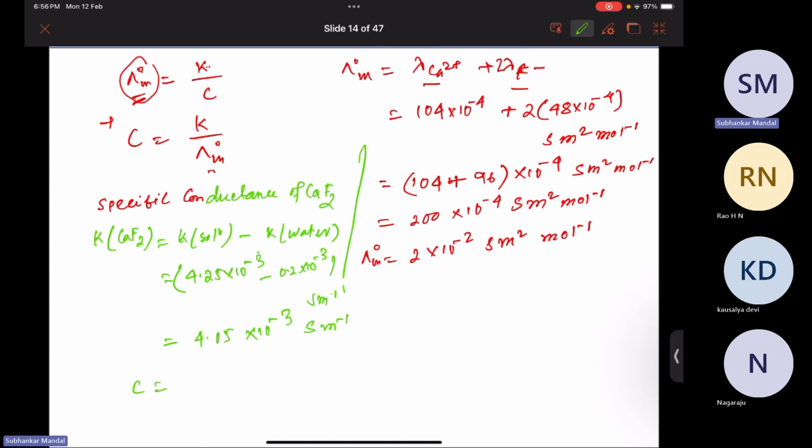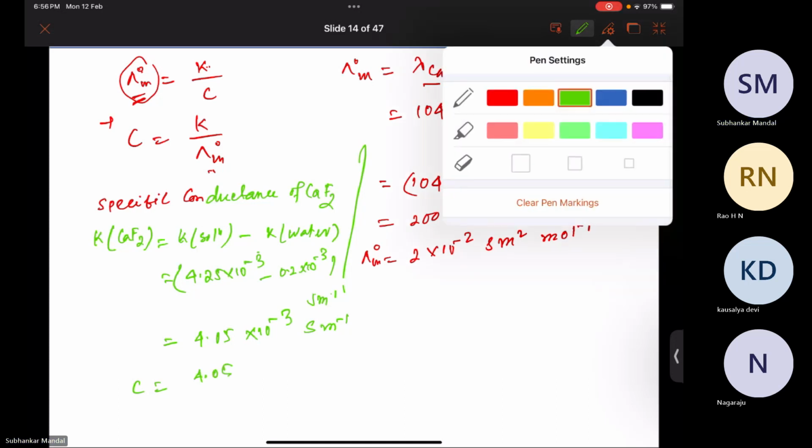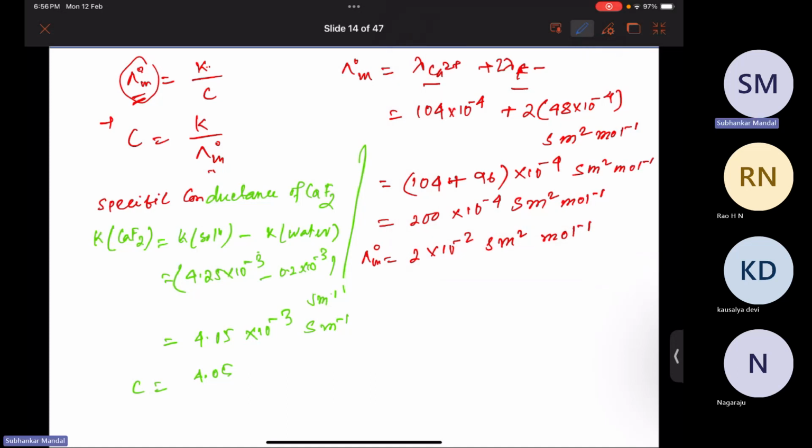Now you can put it here and get the C value. So C is equal to K, 4.05 into 10 to the minus 3 Siemens meter inverse, divided by this value, 2 into 10 to the minus 2 Siemens meter square mole inverse. So mole will go up. What is the C value that will come?